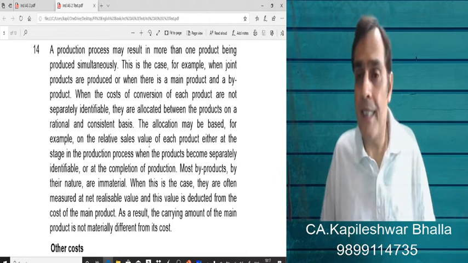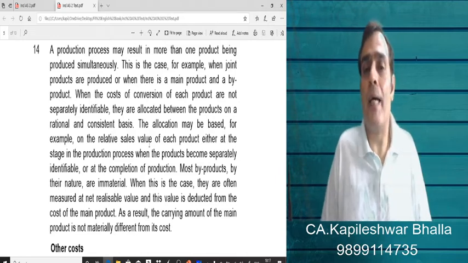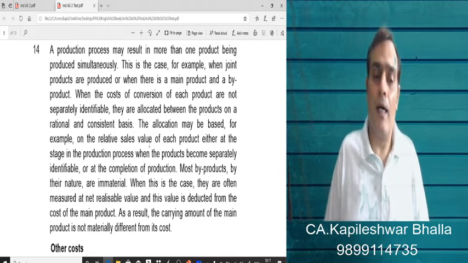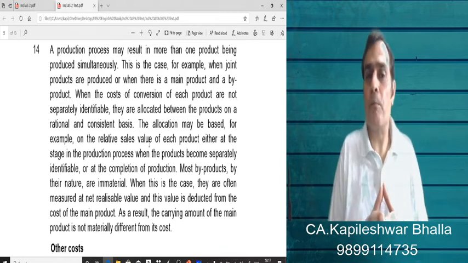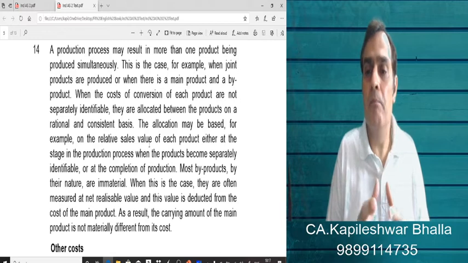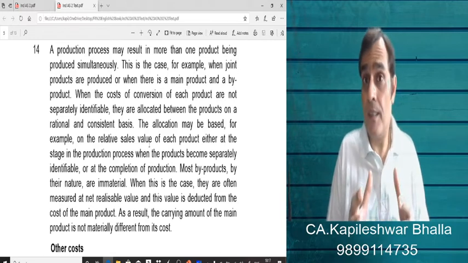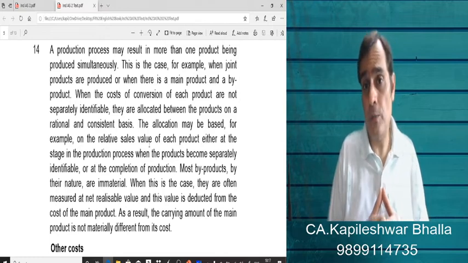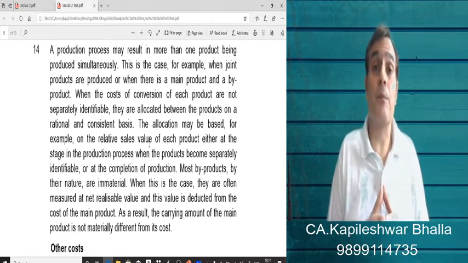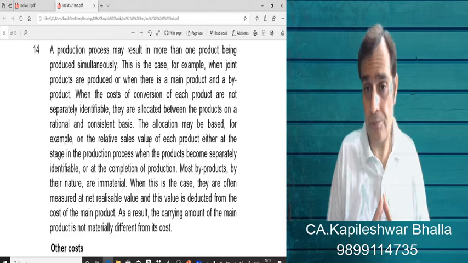Now, he says further, most byproducts by their nature are immaterial. When this is the case, that's the reason I said unless mentioned otherwise, I'm going to presume that these byproducts are supposed to be immaterial in nature.